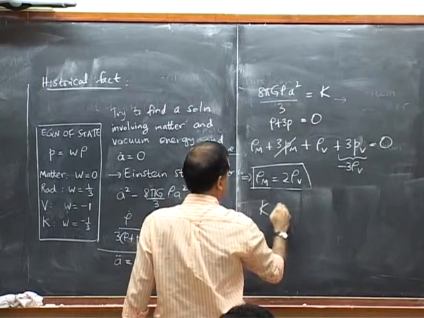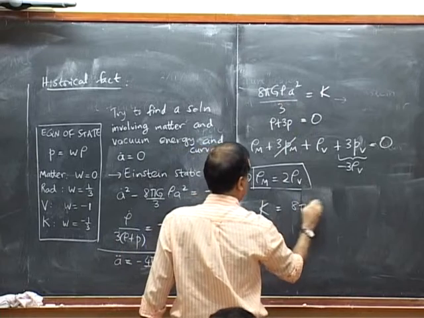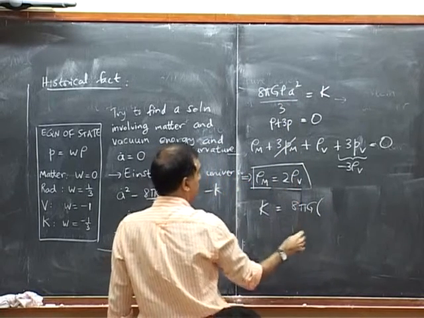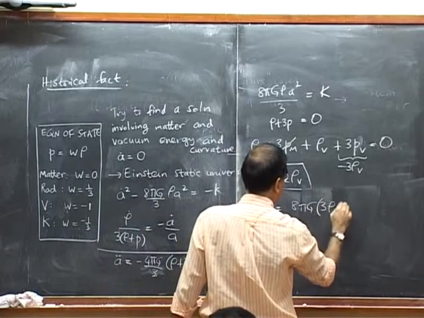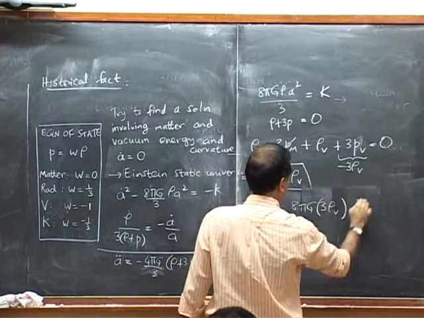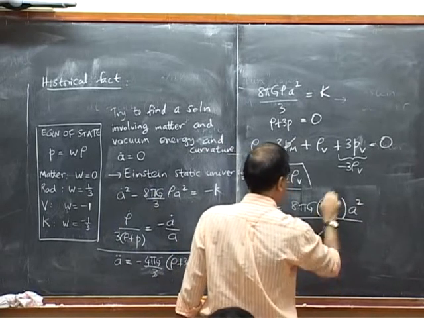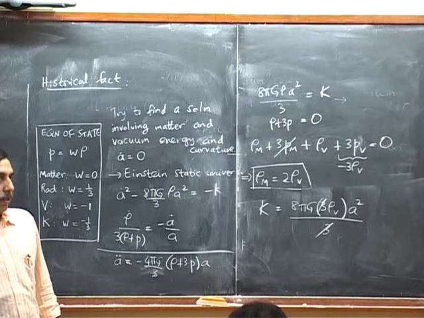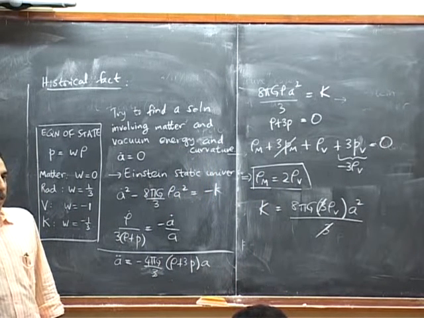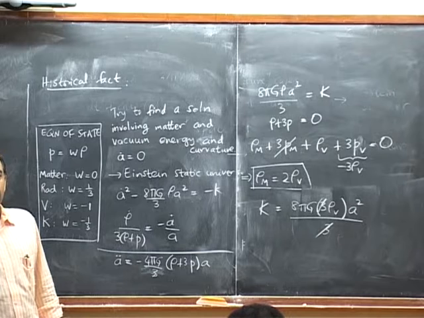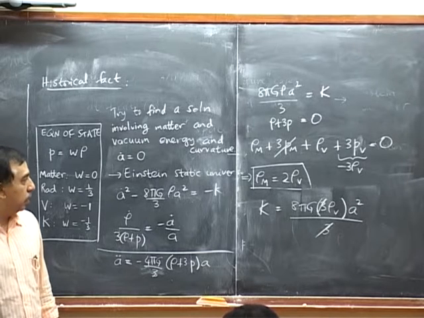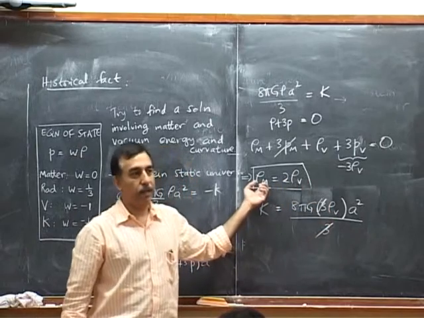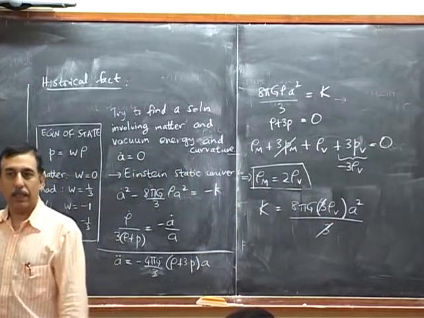So K is then determined to be 8 pi G by 3 times rho matter plus rho vacuum, which is the same as 3 rho vacuum, over a squared. The 3s cancel, so that fixes K. Alright, so this will lead to an Einstein static universe with one parameter. That parameter is the common value of K or rho vacuum or rho matter, each of them determines the other one.